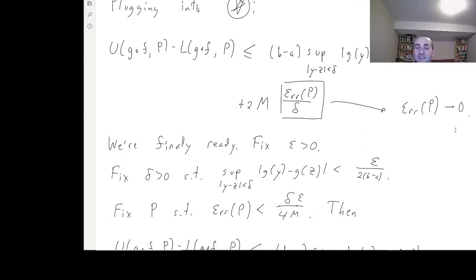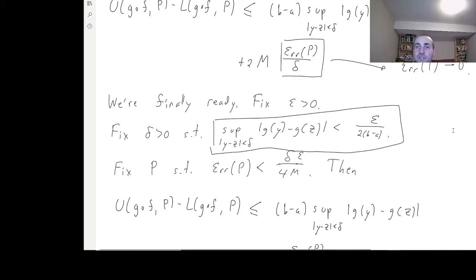So with this calculation out of the way, we're finally ready to do something that looks like the usual proof. I'm going to fix epsilon greater than 0, then I'm going to plug in a bunch of values for delta. I'm going to fix some value of delta so that this supremum here is less than epsilon over 2(b minus a). I can do that because g is uniformly continuous, right? So there exists such a delta. And then I'm going to fix some partition p so that the error of p is less than delta times epsilon over 4M.